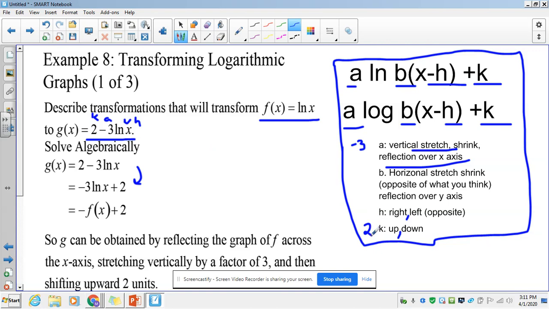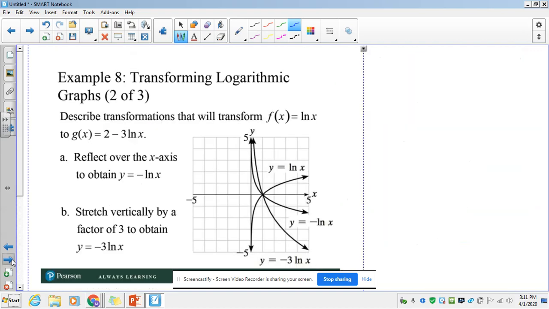Okay. Let's look at the next one. So here they're just showing you the graphs. They're just showing you how the graphs are affected. And so you could take a minute to pause this if you want to take a look at the graph. This is the original graph right here. This is showing you that it was just reflected over the x.